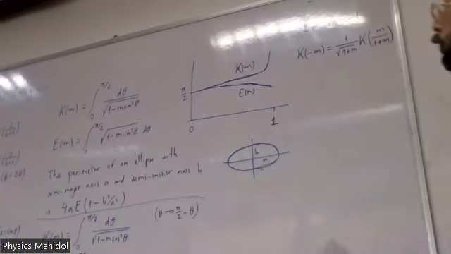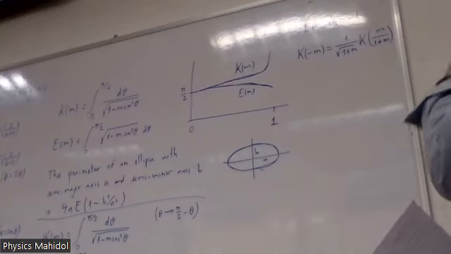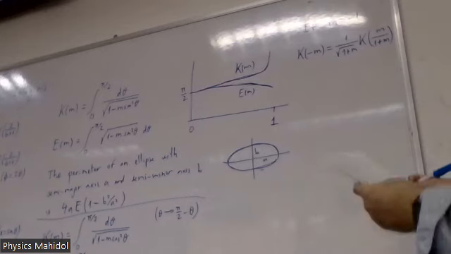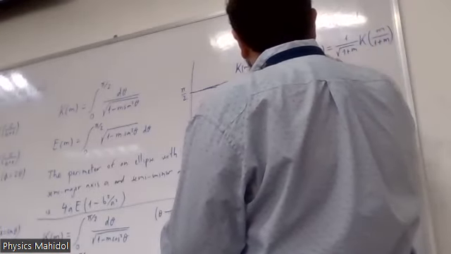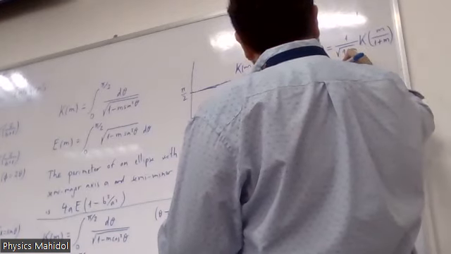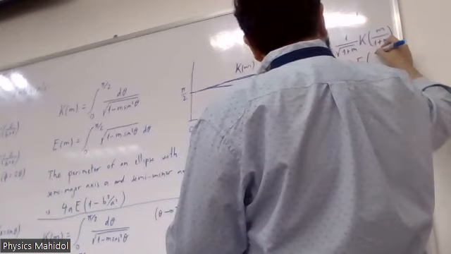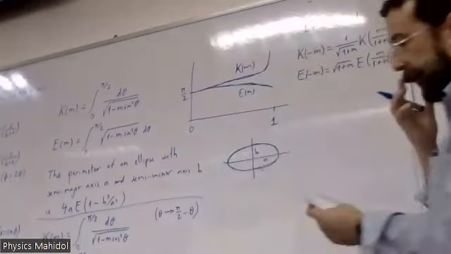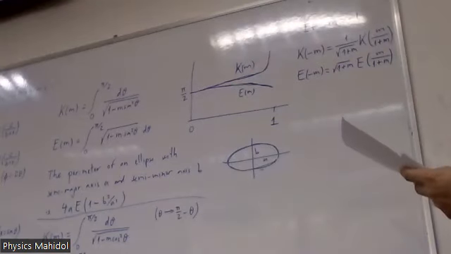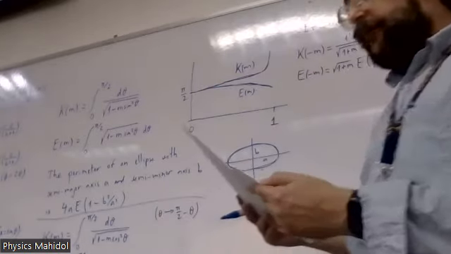Actually, this is true for negative or positive m, as long as it's between -1 and 1. And for E, we will have E of -m equal the square root of 1 plus m times E evaluated at m over 1 plus m. Okay. This can be done from the definition.